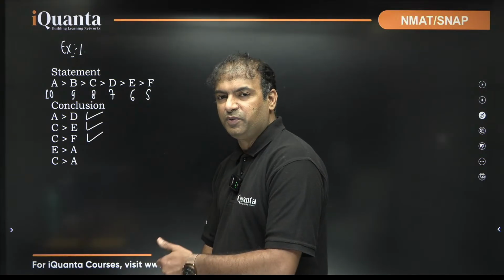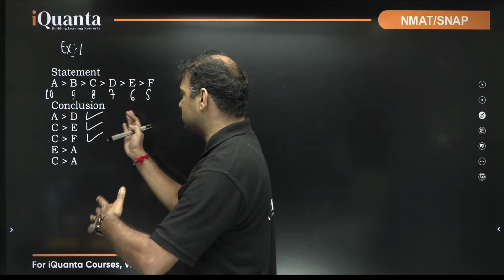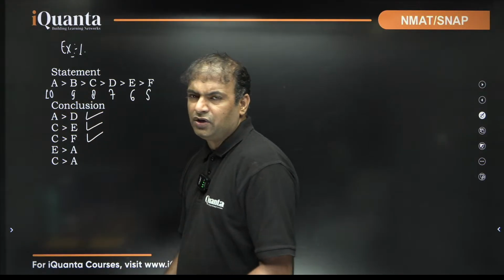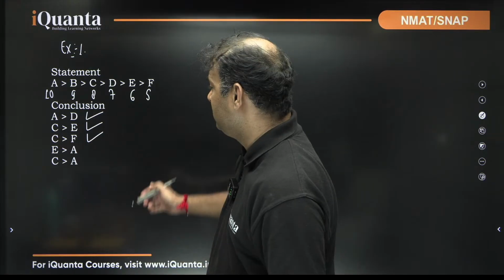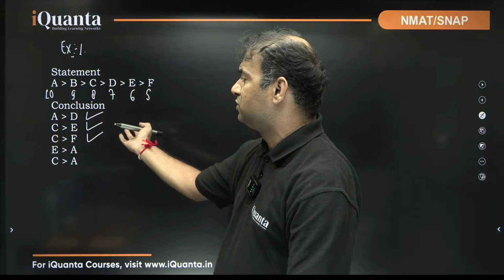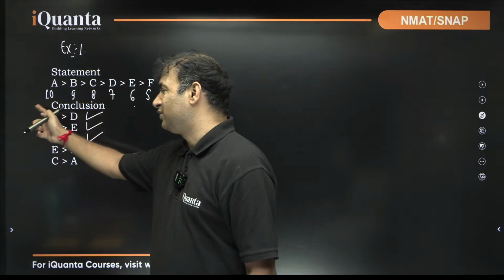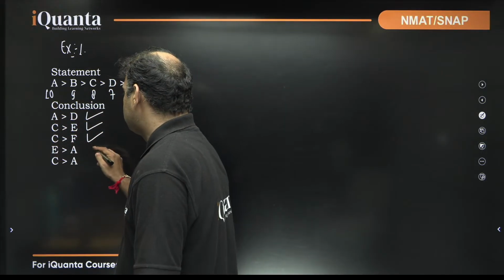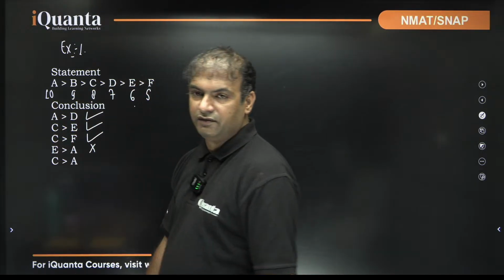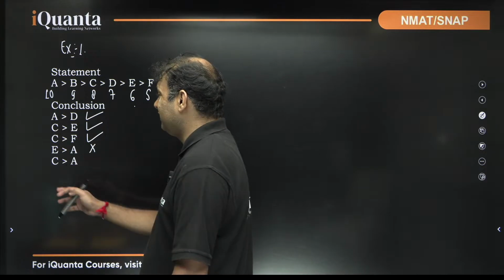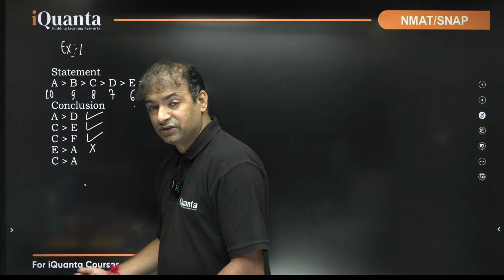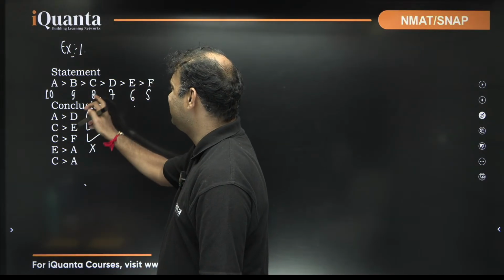Guys, this is not possible because the value of E is 6 and the value of A is 10. So obviously that cannot be true, right? Because E is 6, A is 10, E is not greater than A. We can clearly see 6 is not greater than 10, very obvious. So this is something which is not following the given statement. C greater than A, similarly to the last conclusion, this is also not possible because C is 8 and A is 10.